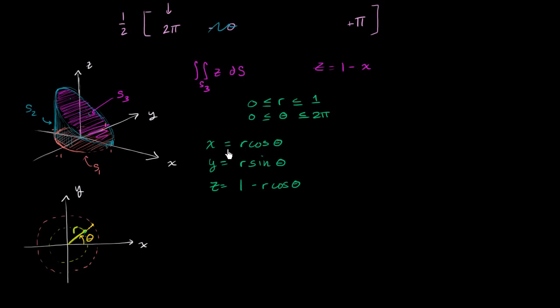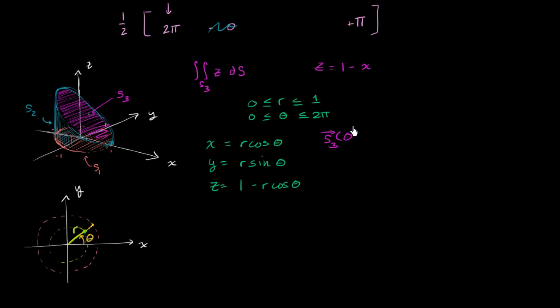Instead of calling that position vector function r, since we've already used r for radius, I'm just going to pick a random letter here. Let's call it p for position vector function. Actually no, I'll just call it surface 3. Surface 3, I'll do it in that same purple color too, so we know we're talking about this. Surface 3 as a position vector function, as a function of theta and r.